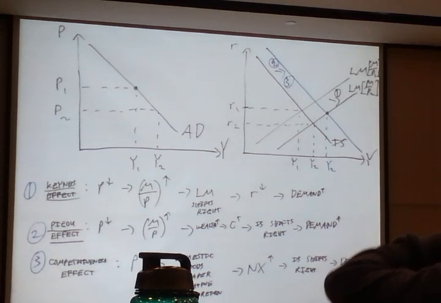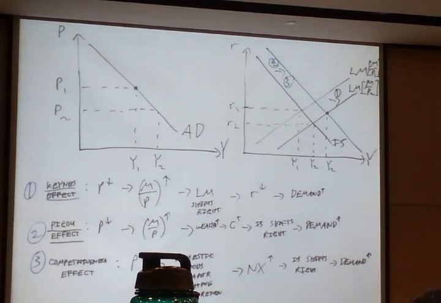So some of you attempted to say that when prices go down, income goes up. I was reading this a lot in various people's answers. The price is down, real income up. And that boosts demand.